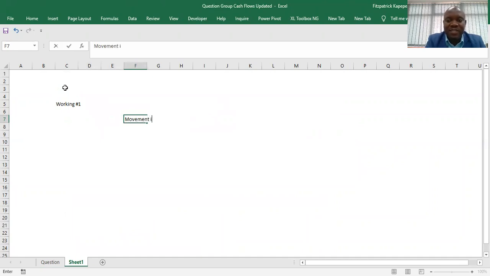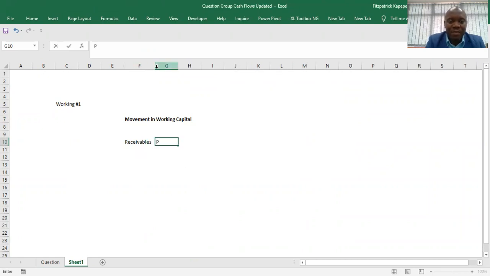So that is the movement in working capital. You have receivables, inventory, and payables.